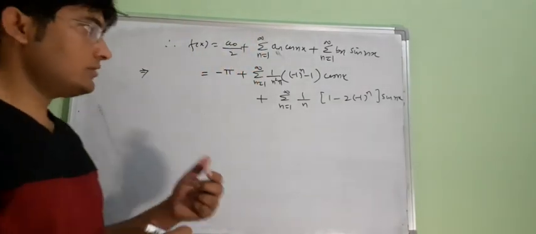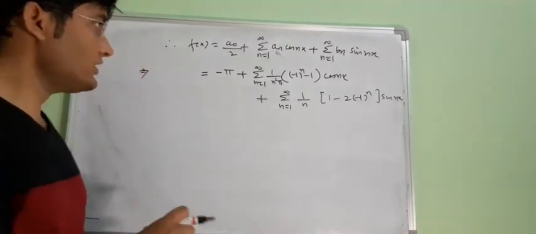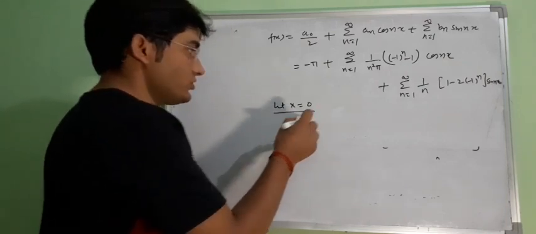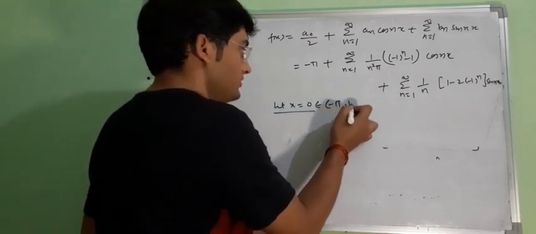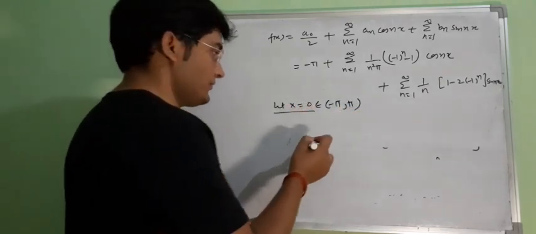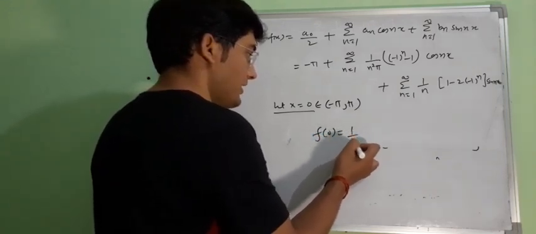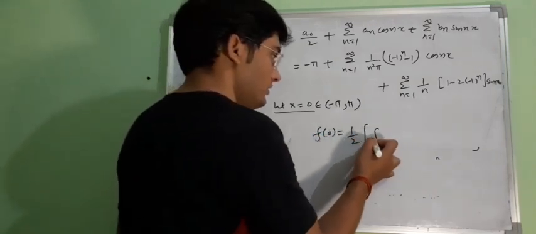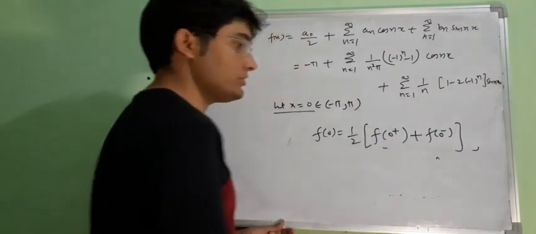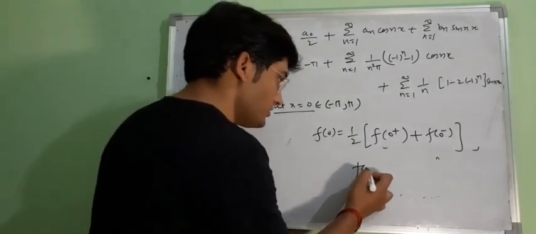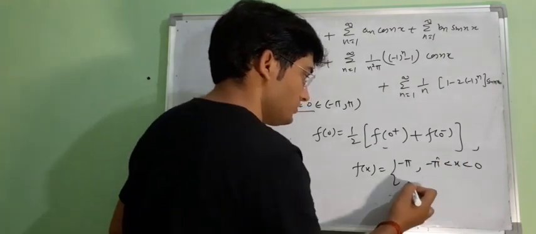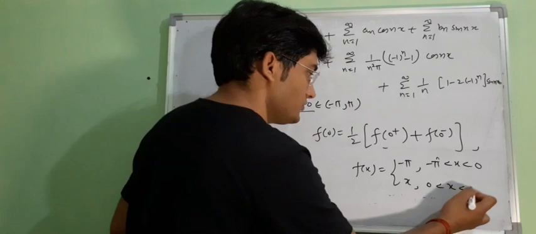Now as we have to get the particular series, let us put x equal to 0. As x equal to 0 is an interior point of this interval, and we can see that the function is discontinuous at x equal to 0, our f(0) will be the average of the right hand limit at 0 and the left hand limit at x equal to 0. Please note that our f(x) was minus pi when x is between minus pi to 0, and x when x was from 0 to pi.